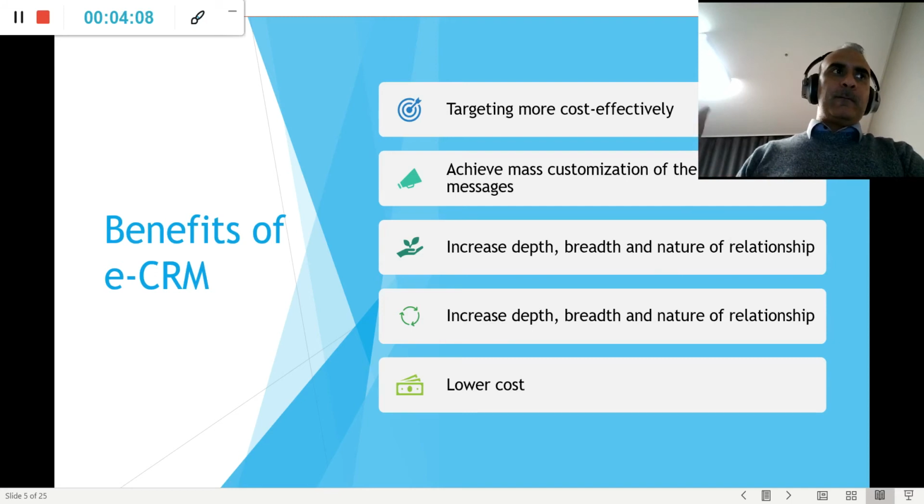Previously, let's say we put an advertisement on the street. Whoever passes there gets in contact with our brand. But out of the investment that I made, maybe less than a third of them would pay attention to it. So I don't have a specific target, right? And this is something that e-CRM is doing.